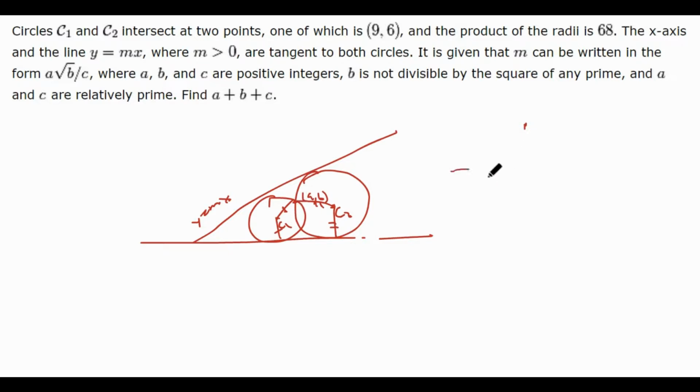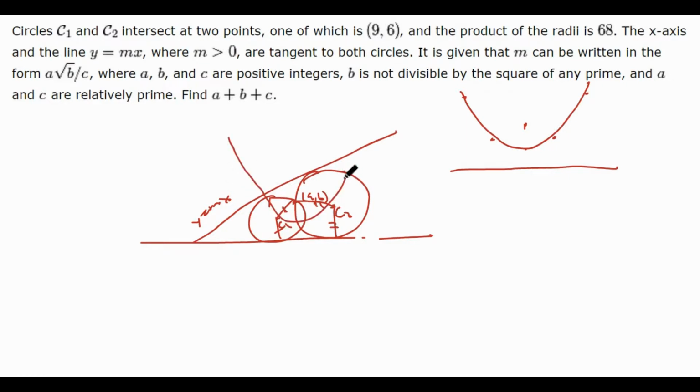If we have a point and a line, the points which are equidistant from the point and the line form a parabola. This is the exact same setup here, because the center of C1 and the center of C2 are both equidistant from (9, 6) and the x-axis. So therefore, they lie on a parabola right here.